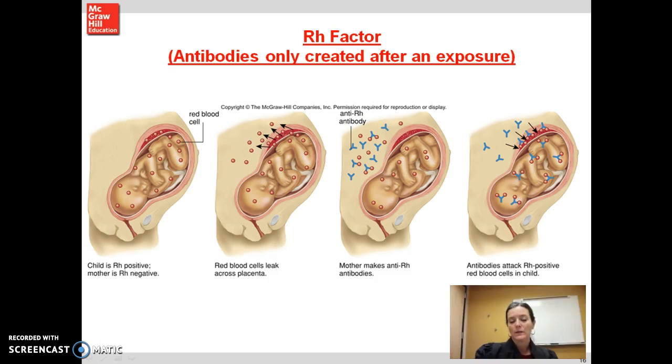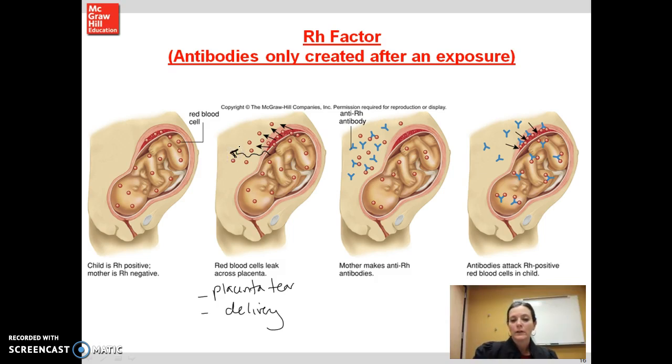However, if something happens where the mom gets injured or the placenta starts to tear during the pregnancy, or even during the time of delivery, where the placenta has to actually separate from the lining of the uterus, there can be some escape or leakage of red blood cells from the baby's body across that placental break and into the mom's bloodstream.